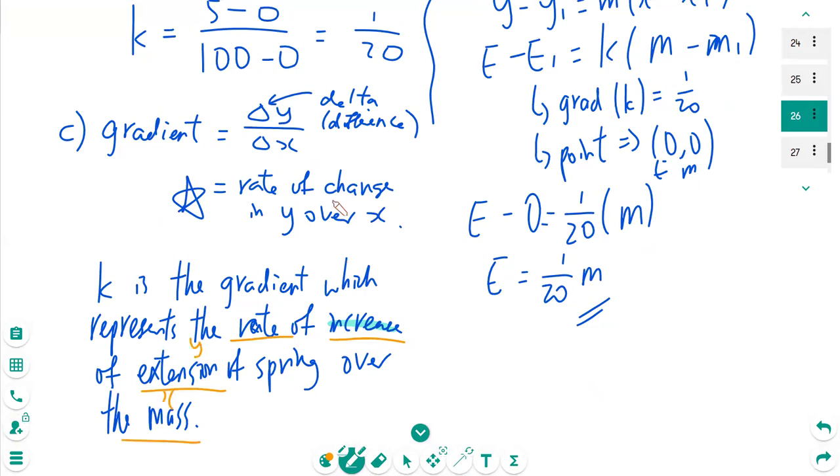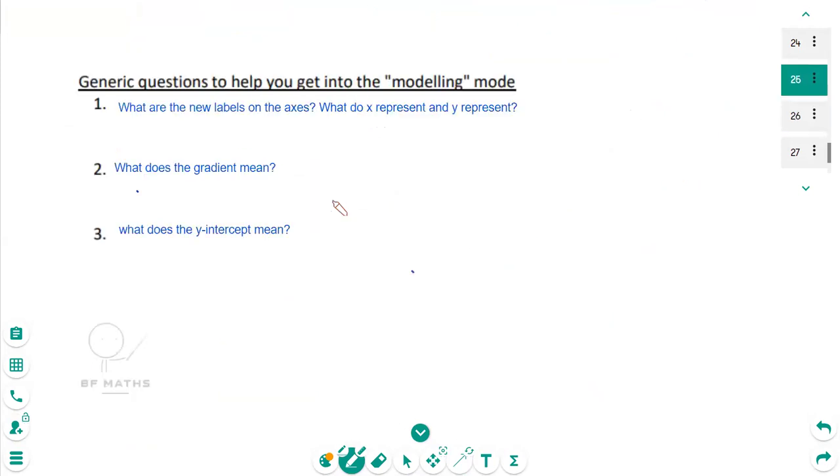So if you go back to your previous steps, what does gradient represent? It represents the rate of, so it can be the increase or decrease of the y value, y over x. That's the sentence structure for gradient.